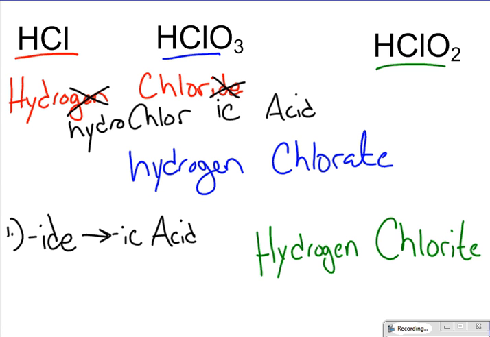If I'd been Forrest, I'd drop Jen because she's an icky person. When you're in class, I'll say that in different terms. Don't record me. But I'd drop Jen because she's icky. So hydro, drop the gen. Ide drops to ic, acid. So hydrochloric acid.